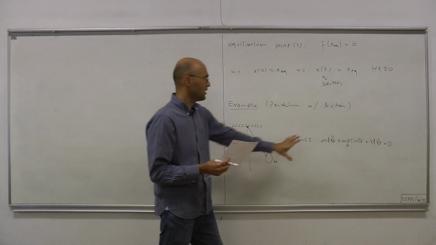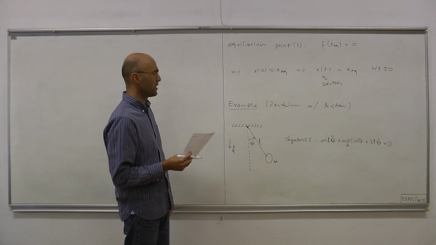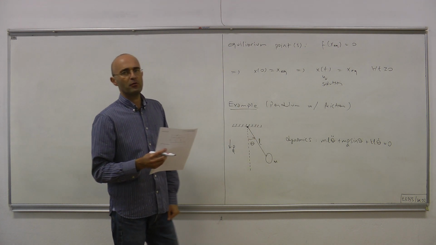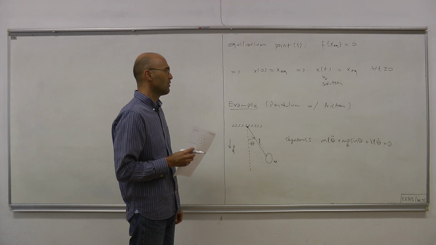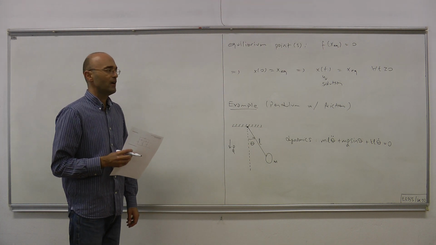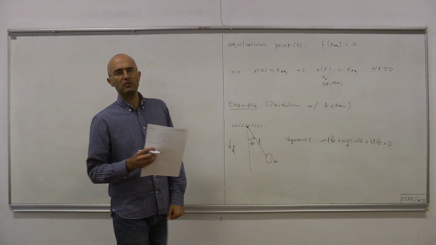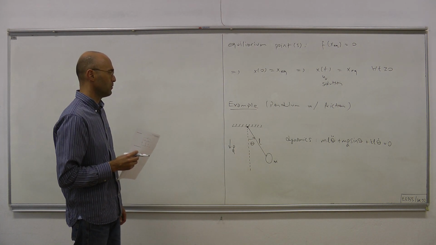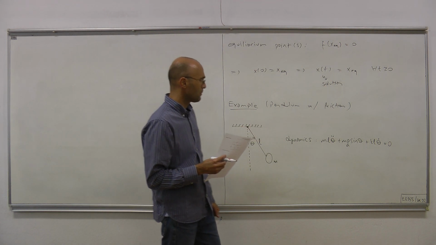Once the dynamics are given, we can put those dynamics into the form that we will be working with. That is the form x dot equals f of x. For that, what we do is we choose a state, and usually if you have a physical system, you go with the physically meaningful variables. In this case, it's obvious that there are two physically meaningful variables.